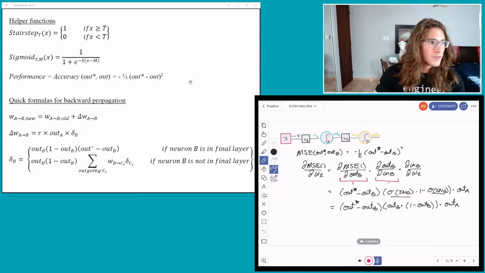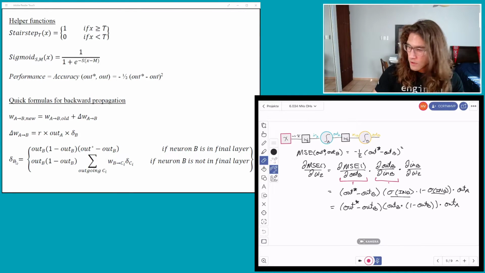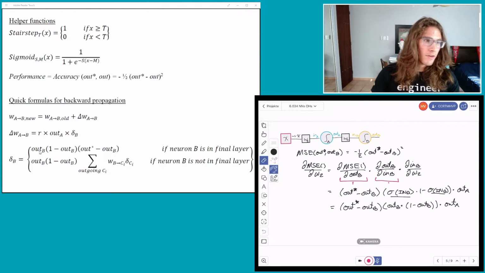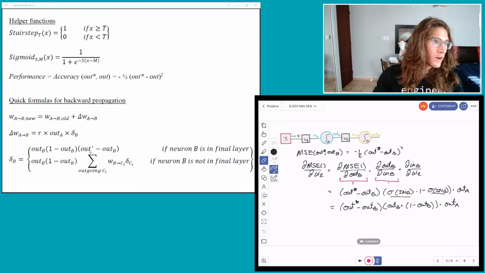So we see, taking a look at this, that it does correspond fairly well to this equation, because node B is in the output layer. We have out B from the derivative of the sigmoid. We have 1 minus out B from the derivative of the sigmoid. This is the derivative of the mean squared error.